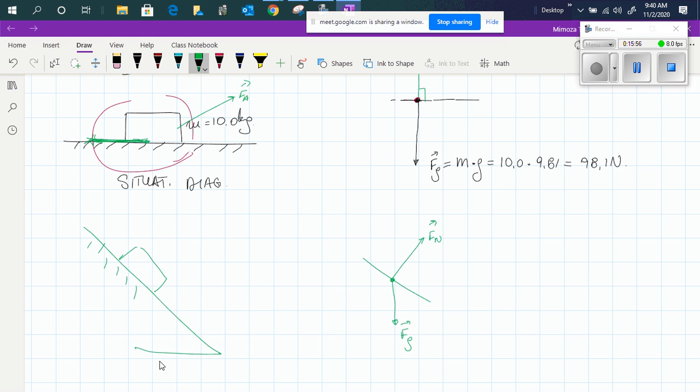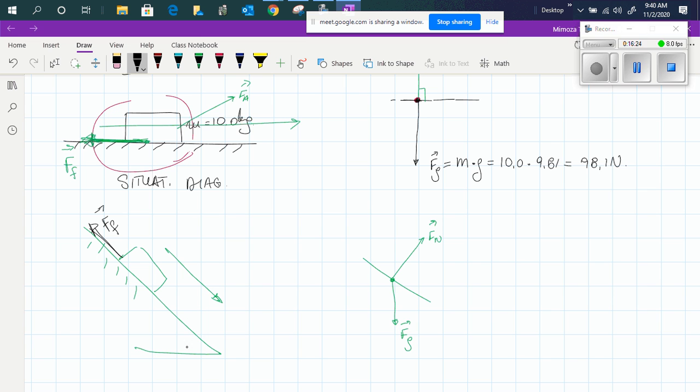Since we are assuming that the direction of the motion is going east, let's say, then the force of friction will be against the motion. So in the incline case, we are assuming that the object will fall down the incline, then the force of friction will be against the motion. It's always against the motion.